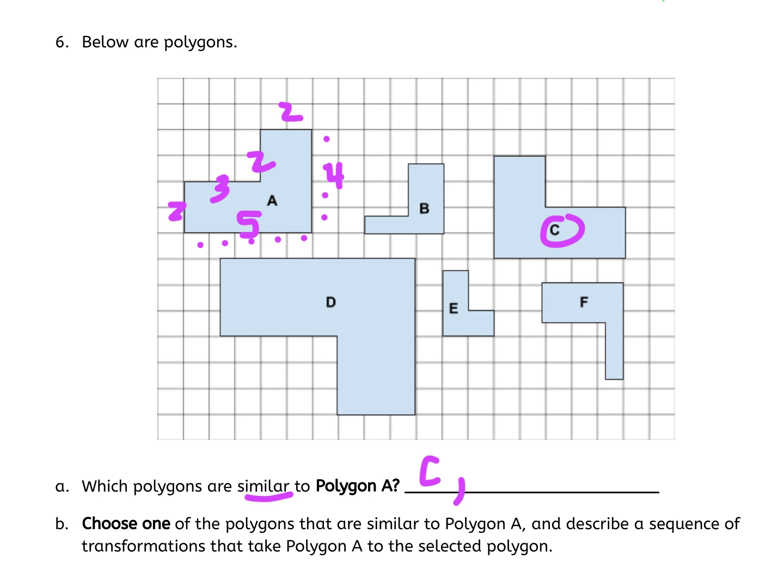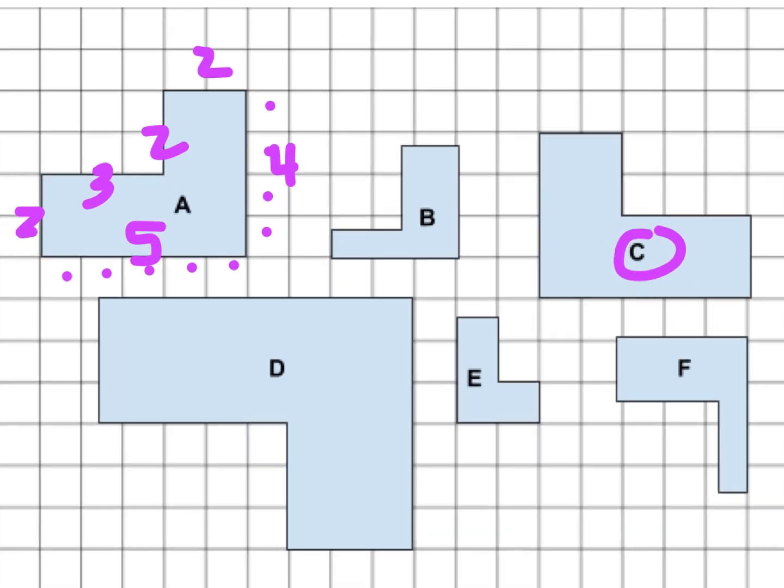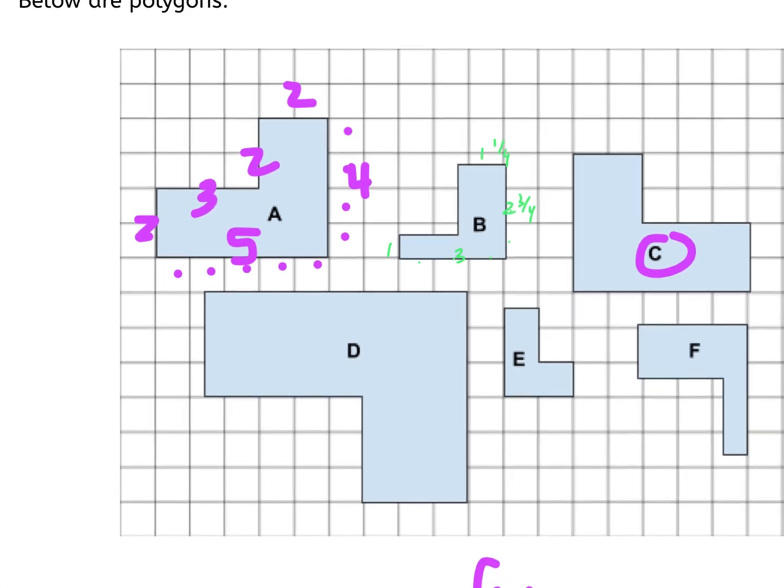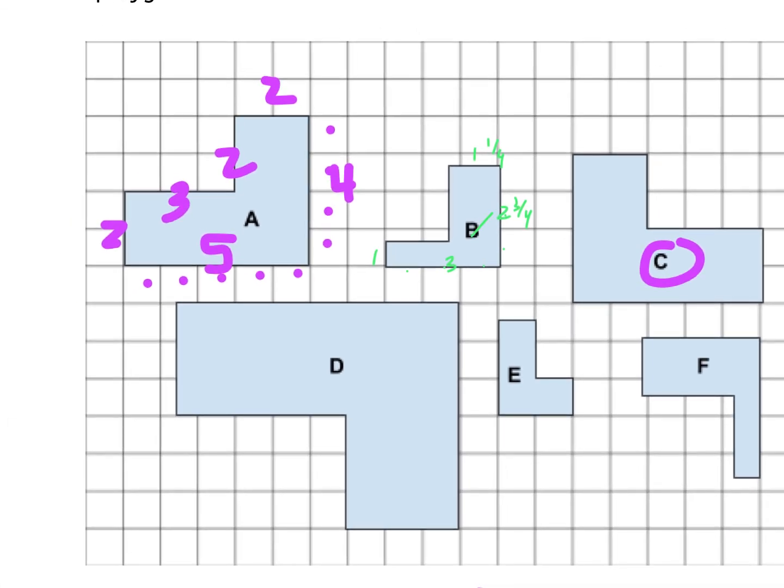All right, let's check B. So looking here at B, 1, 2, 3 across here, 1, 2, and 3/4. 1, it looks like 1 and a 4th, and that's 1. So I don't think this is going to be similar, because this side length that was 2 in the original would have to be 1 in both of these. So this seems a little messed up.